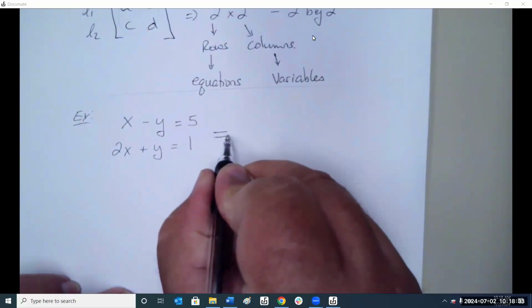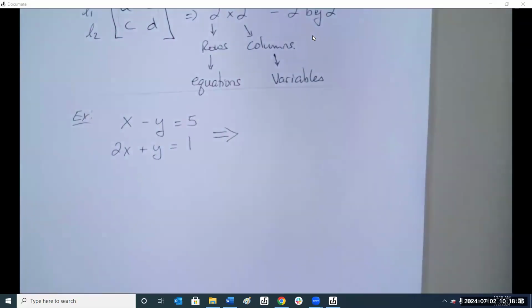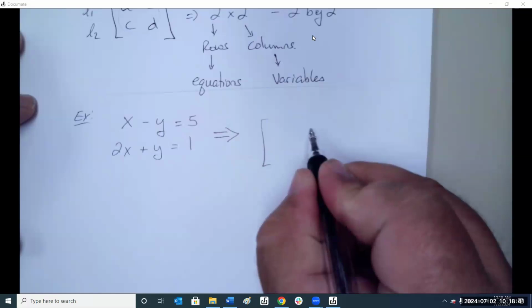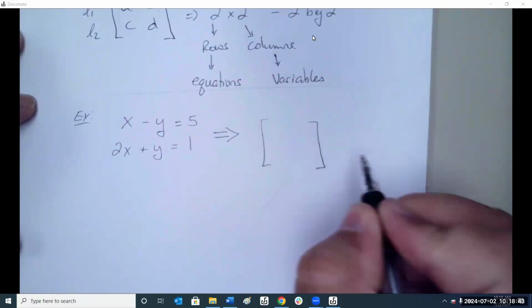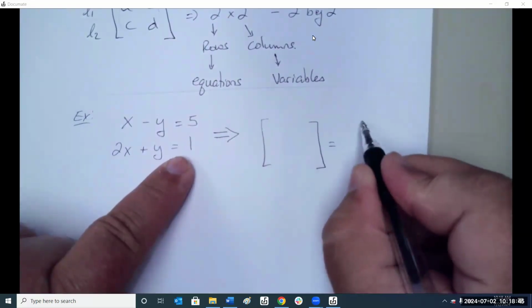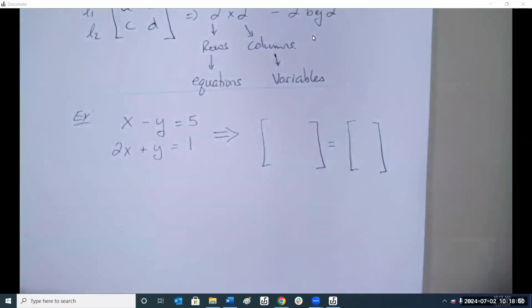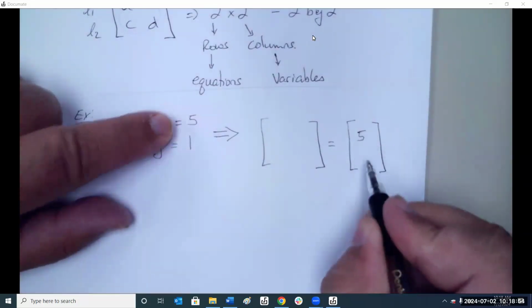So let's convert this into matrices. And there's the equal sign, and this is the answer. So the answers are 5 and 1.